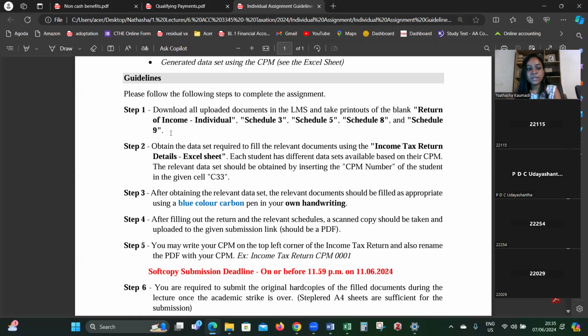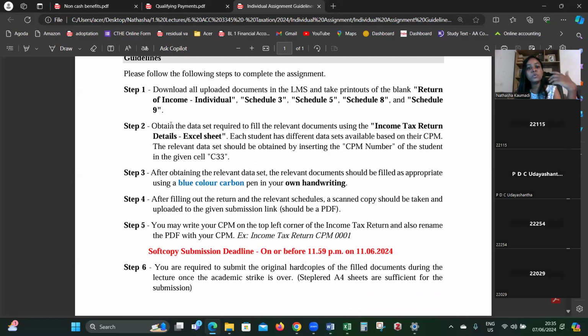The first one is the return of income that you need to take a printout of, and then schedules 3, 5, 8, and 9. You can take printouts of these documents. And then you need to refer to an Excel sheet we have uploaded separately, where you can generate the data.